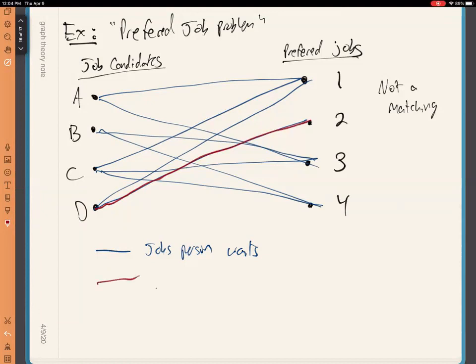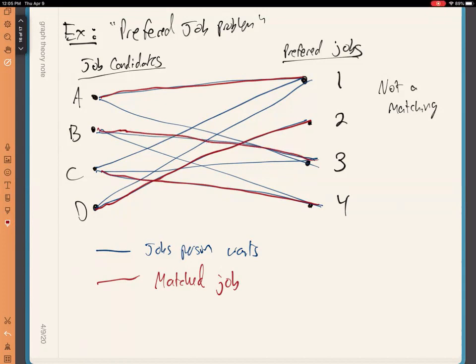I'll use red to denote the matched job. Let's assign person C to job 4, person A to job 1, and then person B to job 3.